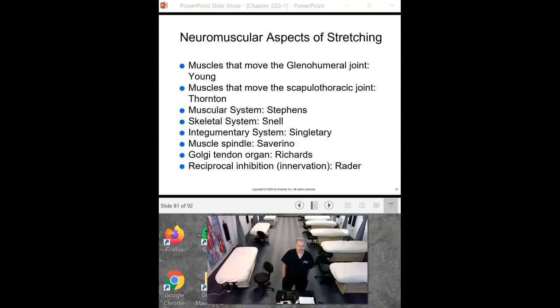So motor neurons are also called efferent neurons, and they transmit impulses from the central nervous system to muscles or glands. This is important because it means that the muscles work in pairs to protect us from injury.